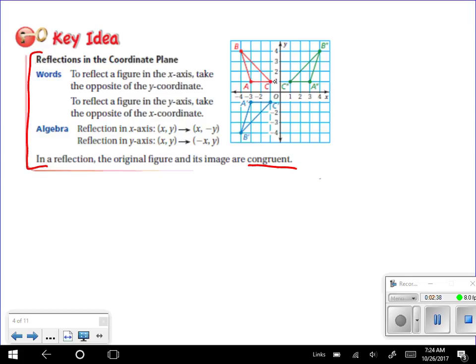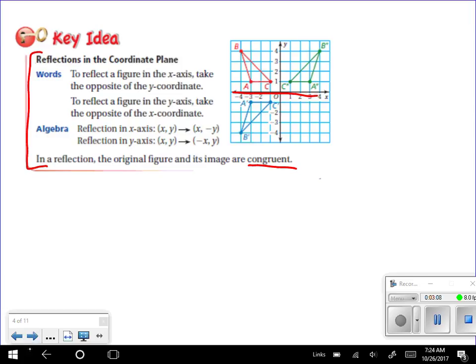Our C is the same distance away from y on the appropriate side of the y-axis. Here, if we're looking here, this flips over the x-axis, and A is the same distance from the x-axis on both sides, C is the same distance from the x-axis on both sides, and B is the same distance from the x-axis on both sides. So we're looking for a flip.